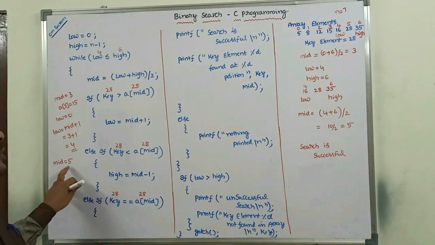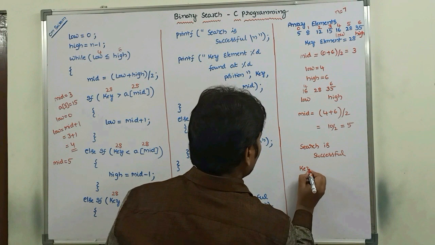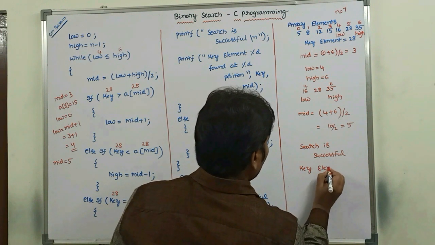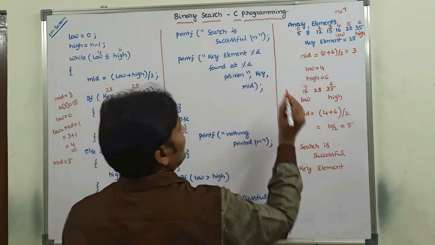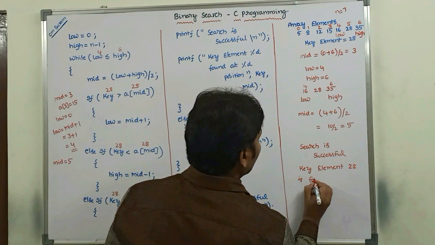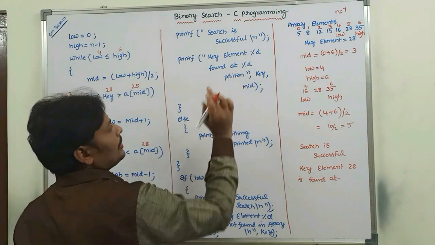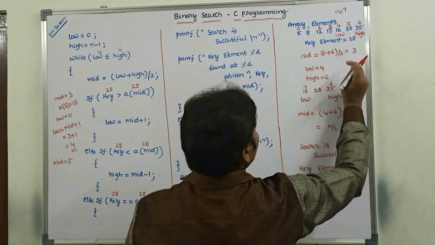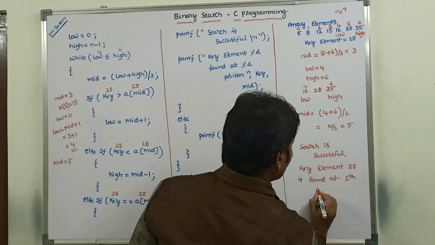What is the mid position? That is the 5th position. So the key element 28 is found at the 5th position.